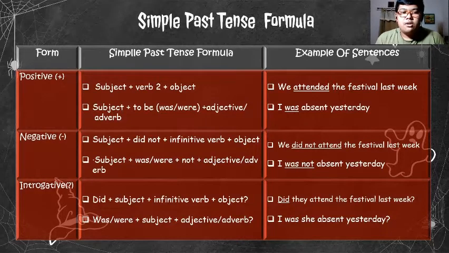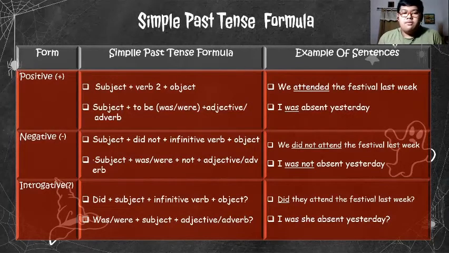And for the negative formula, the first one is subject plus did not plus infinitive verb and object. The example is: we did not attend the festival last week. The second simple past tense formula is subject, was or were, not, plus adjective or adverb. For example: I was not absent yesterday.